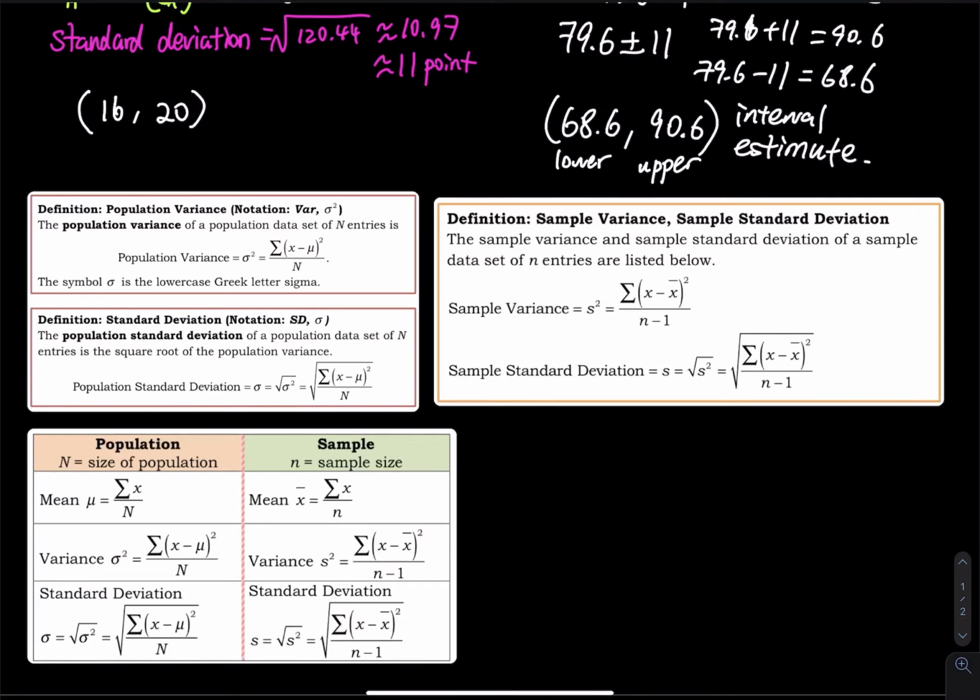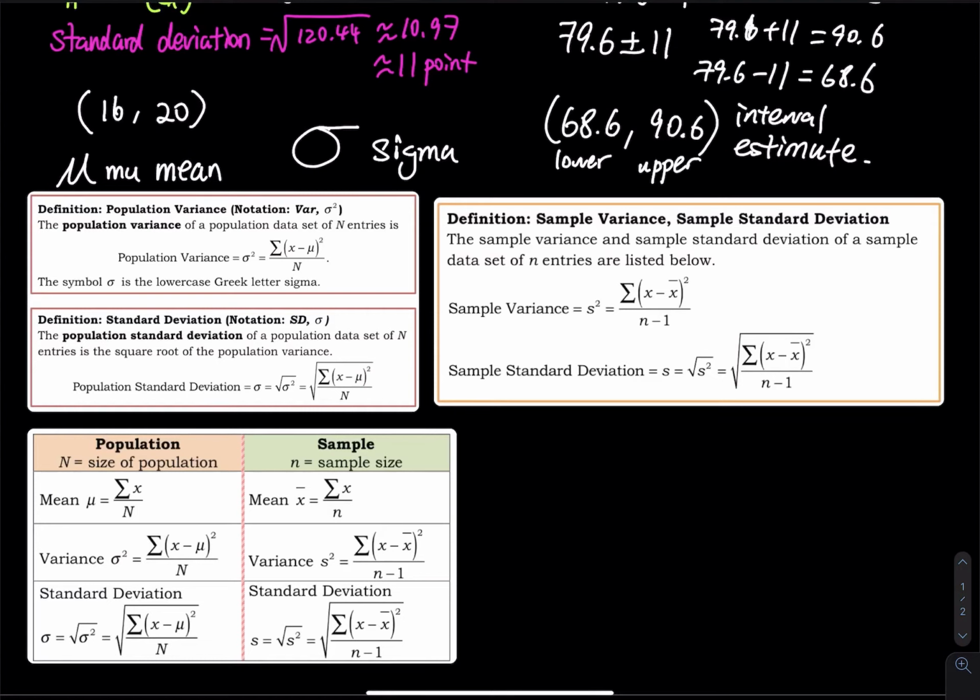This is a Greek letter called sigma. Sigma squared stands for population variance. In statistics, we will be using this word over and over again in every single stats class. It equals the sum of x. X means a data entry. Subtract the mu. Mu means the mean. This is a Greek letter mu that stands for mean. Subtract the mean, square the result.